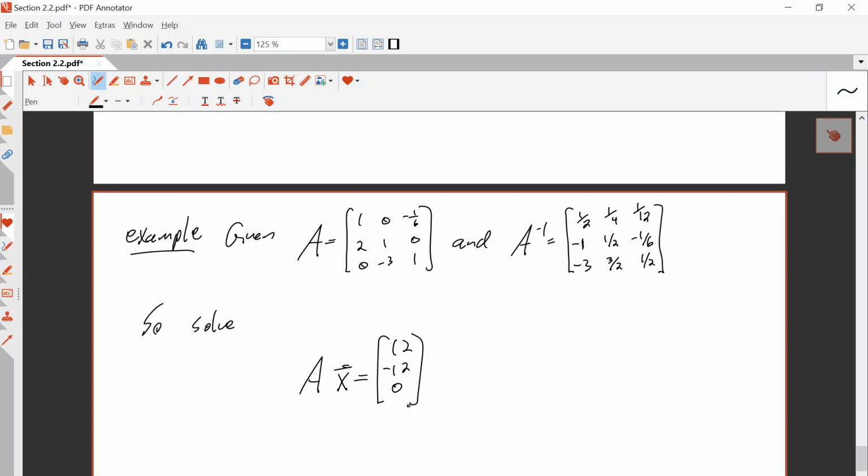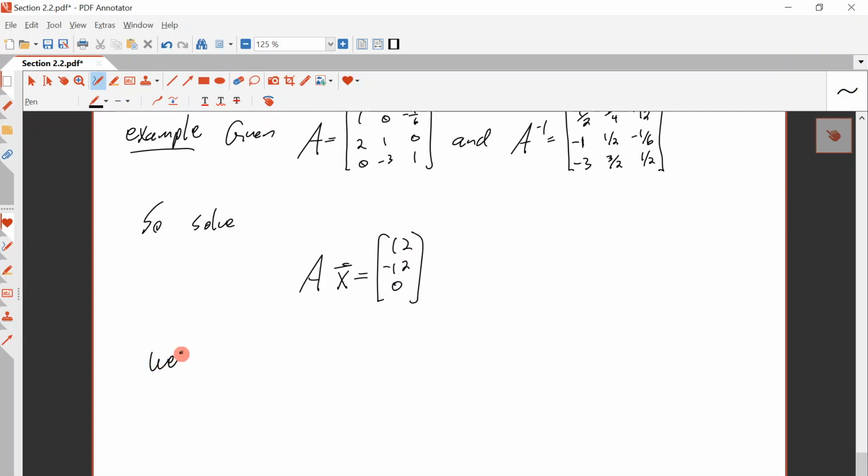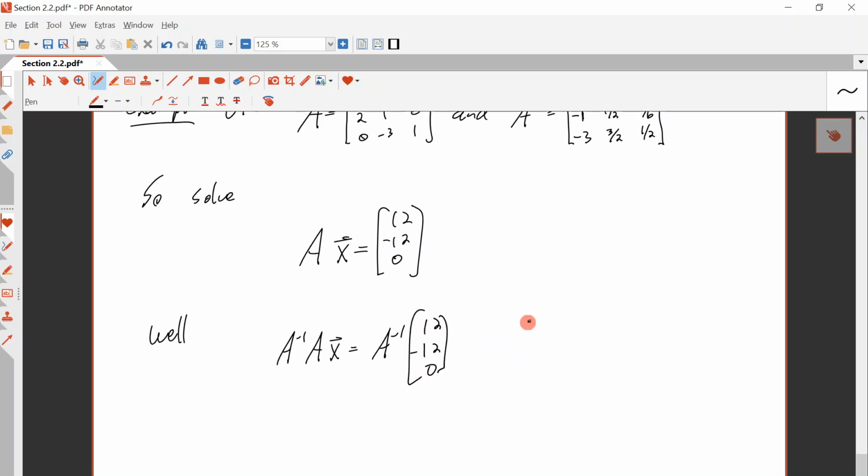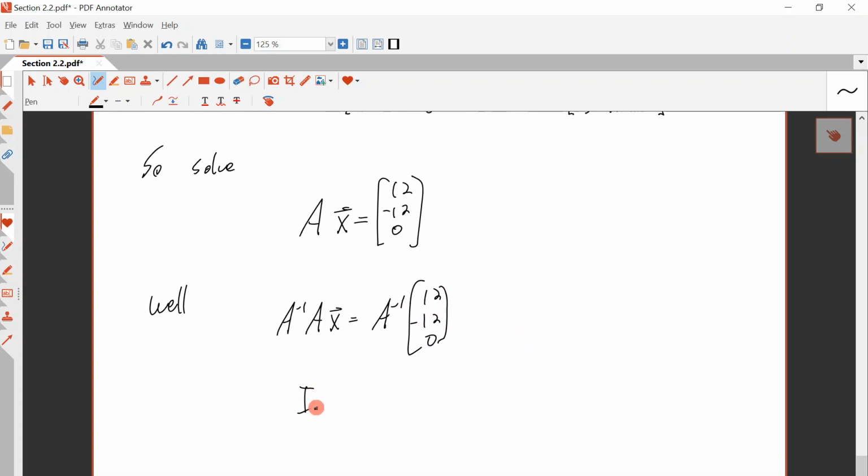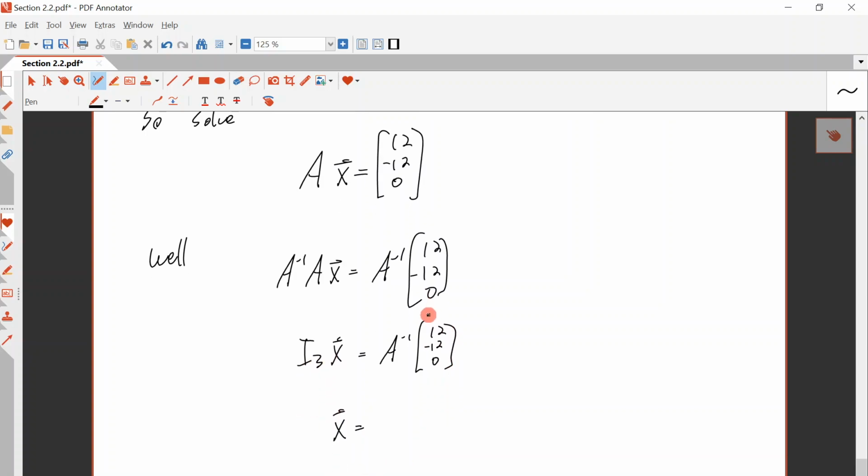Well, A inverse AX is equal to A inverse times 12, -12, 0. So I3 times X is equal to A inverse times (12, -12, 0). So X, because the identity times X is just X, is A inverse times (12, -12, 0).